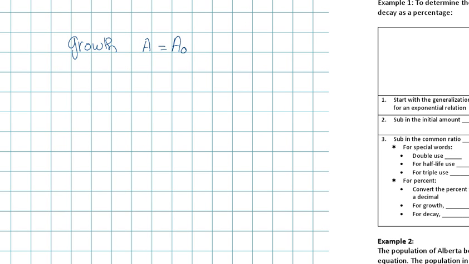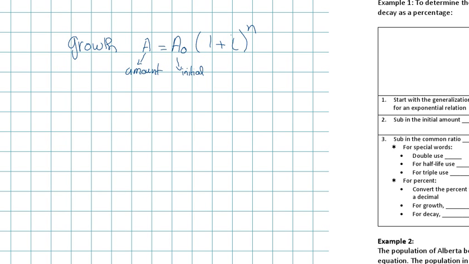So this is the initial amount. And then we said it's 1 plus the rate to the power of n. Do you guys remember that? Okay. So A is the amount, so that's your final amount. That's the amount that you're going to find at a certain point. A0, that's your initial. They also refer to it as A0. So that's the initial value.